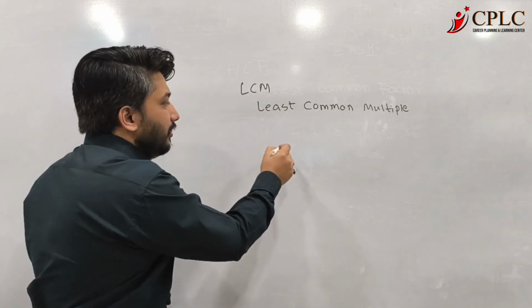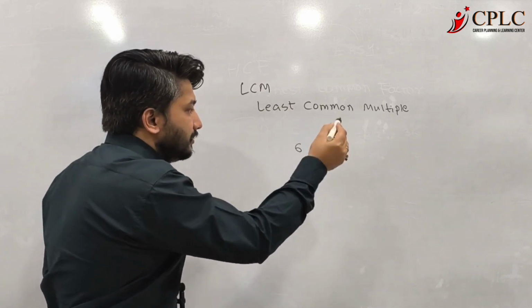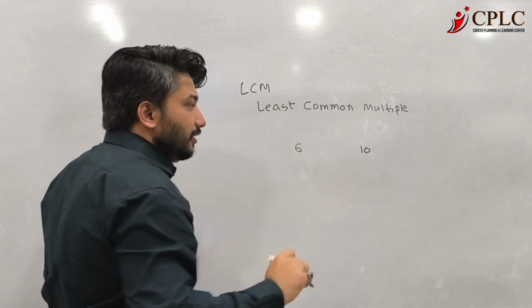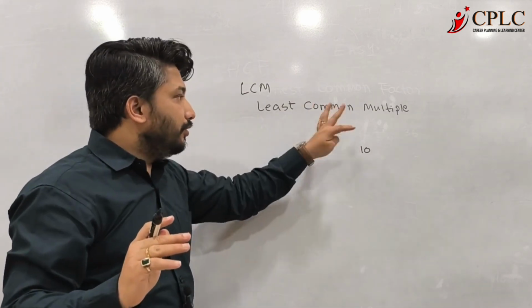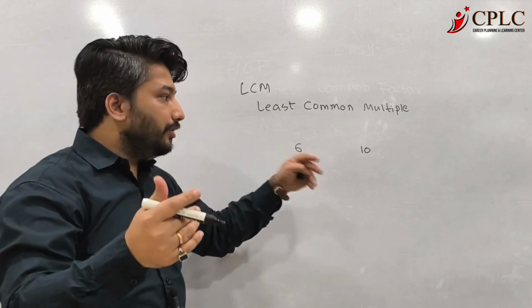Now let's take the example. Suppose randomly I take two numbers, let's say 6 and 10. If I don't know anything and I want to find out LCM, how do I do this?